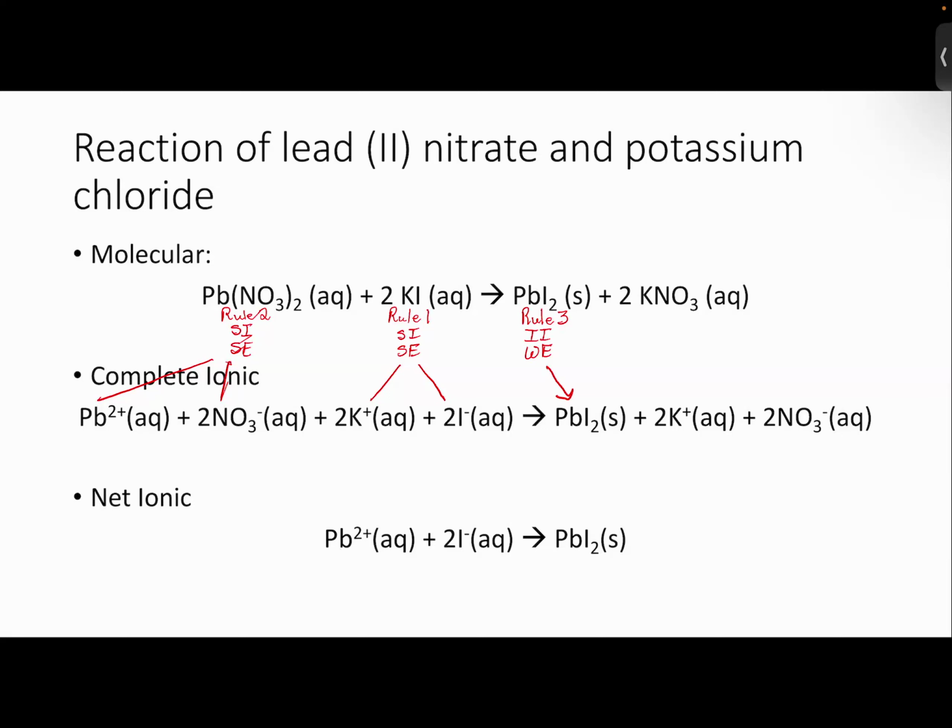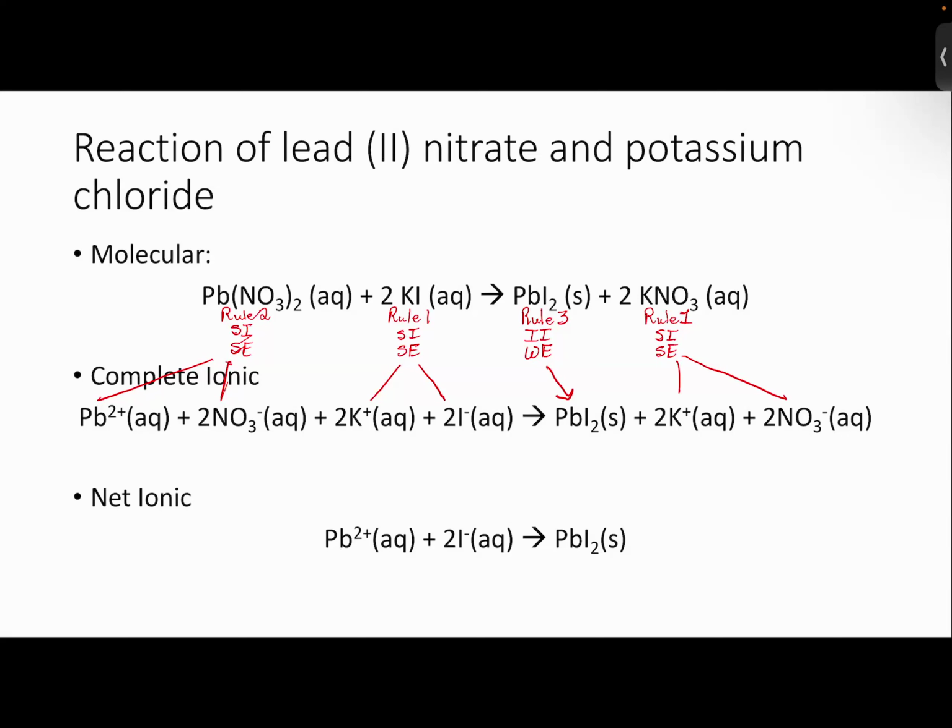Potassium nitrate, because of rule 1, was a soluble ionic compound, meaning it's a strong electrolyte, so we dissociate potassium nitrate into its ions of potassium ion and nitrate ion.